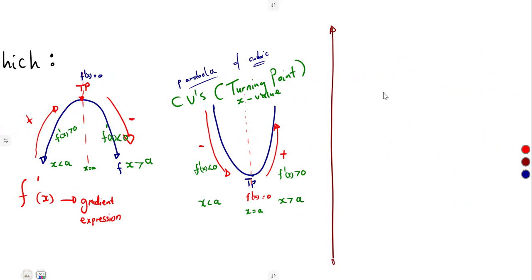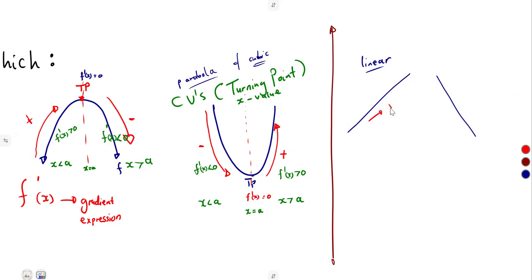if we are given a linear function, which is a straight line, the steepness of the slope represents the gradient, remember? So meaning to say, when we have a straight line, by just looking at the line, we can tell that the gradient is positive when it is going up, an increase.